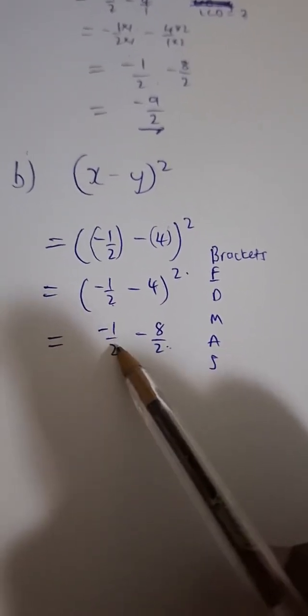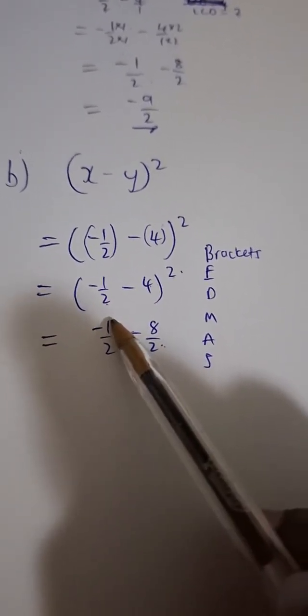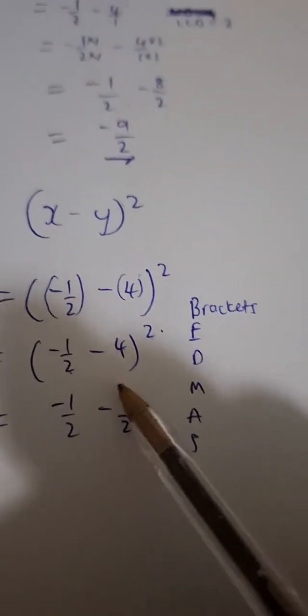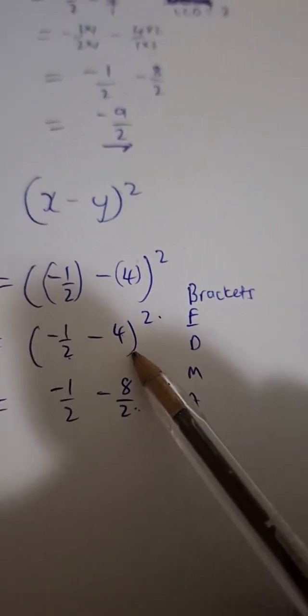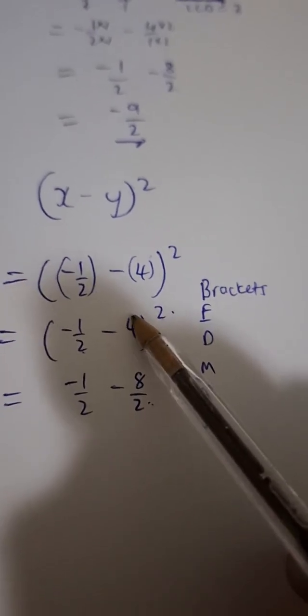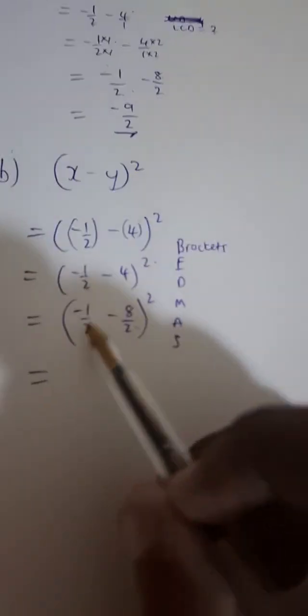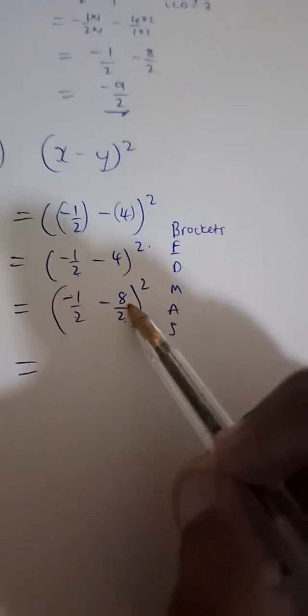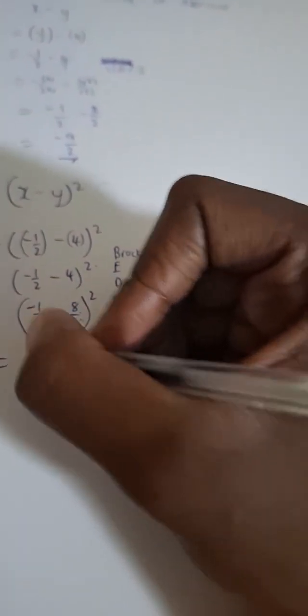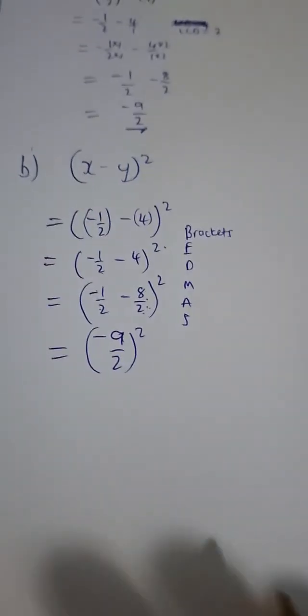So we multiply by 1 at the bottom here, we multiply by 1 at the top there. For this 4 over 1, we multiply by 2 in the denominator to get the LCD 2. We multiply by 2 in the numerator, and that's what we get. Remember, there's a square, so we don't forget that. Now that the denominators are the same, we can subtract the numerators. So we get negative 9 over 2, the whole thing squared.